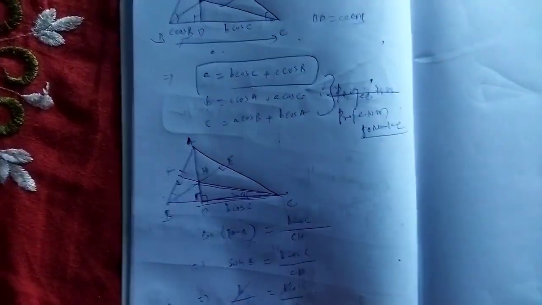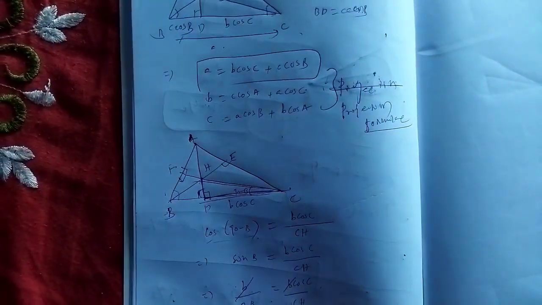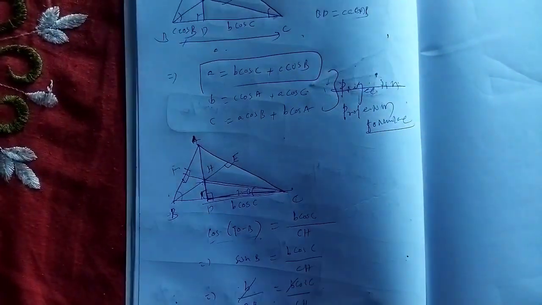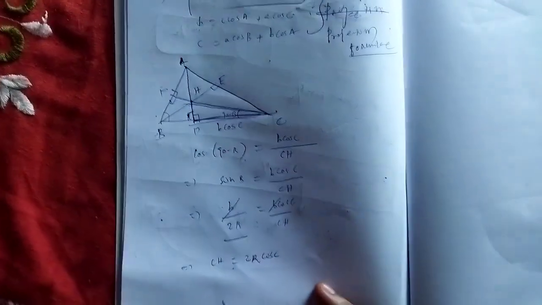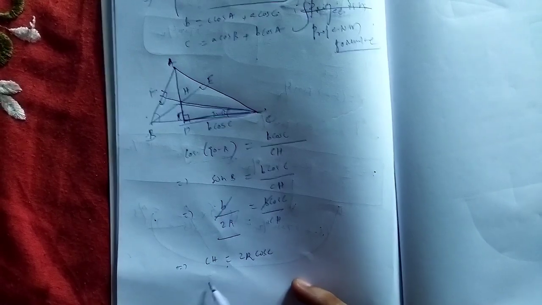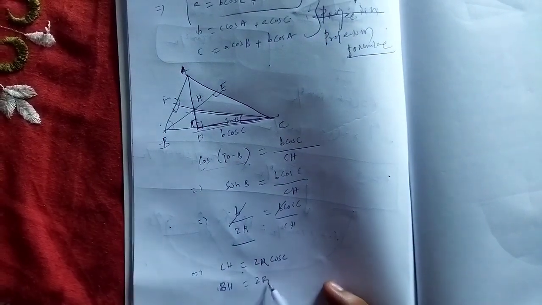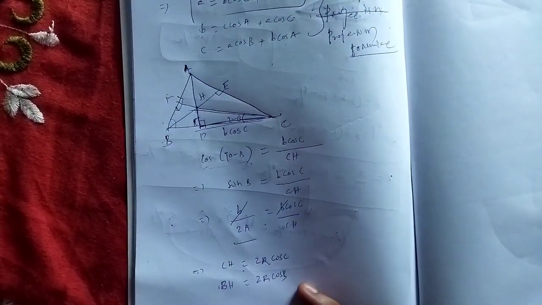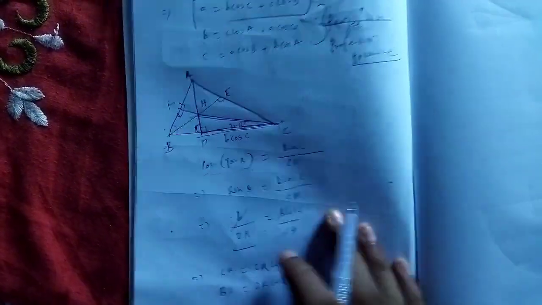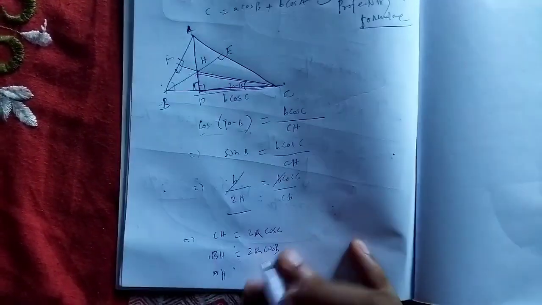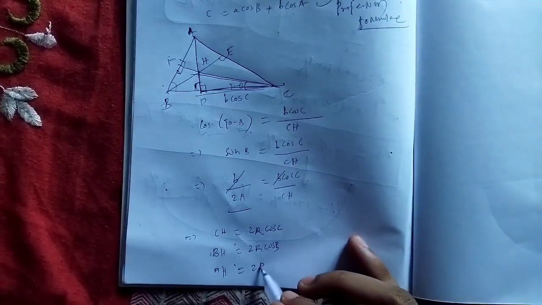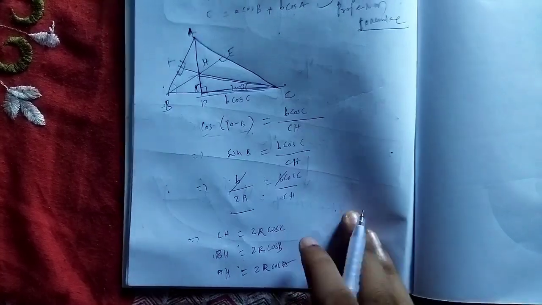From the sine rule, sin B is b by 2R. So CH equals 2R cos C. Similarly, we can prove BH equals 2R cos B, AH equals 2R cos A.